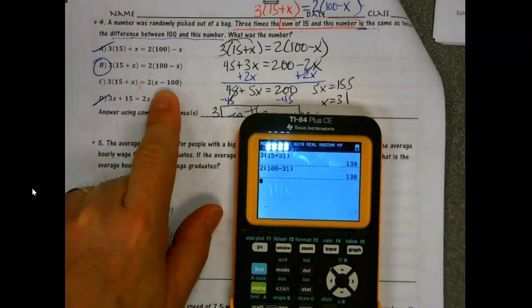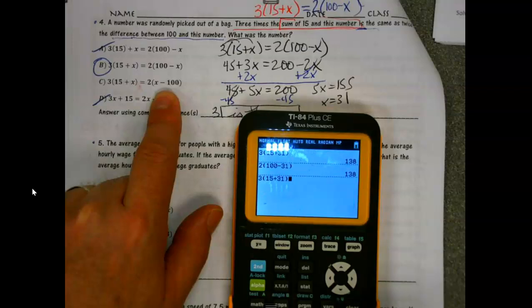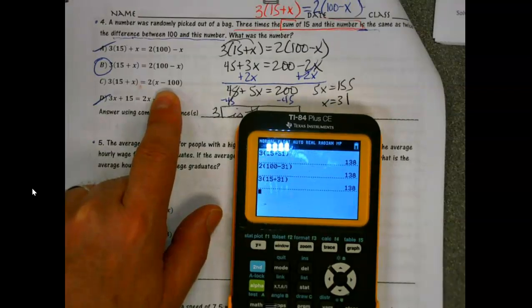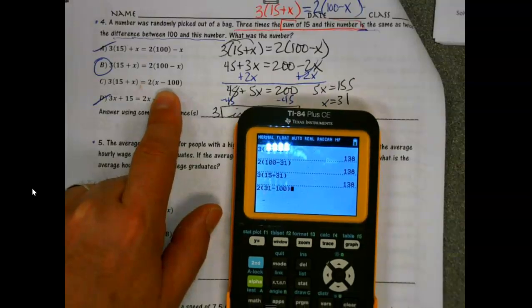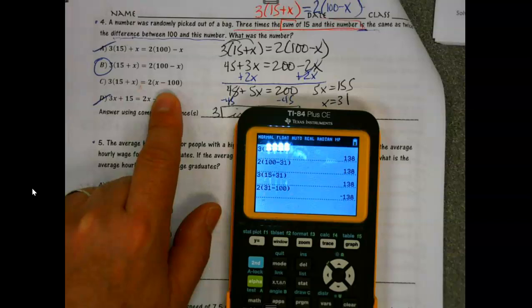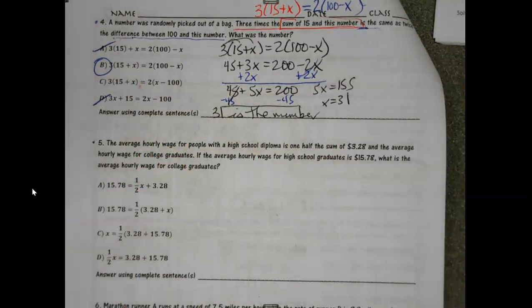I'd have tried that one, and I hit that. You're like, duh, Hardy, it's 138. Oh, that's negative 138. That's not the same thing. So see, that's where you can kind of know, did I do it right or did I not?